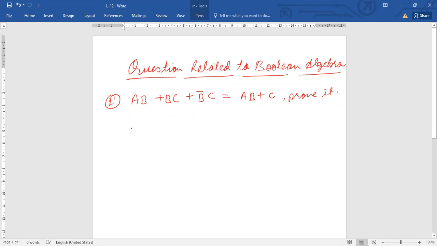So let us take the LHS part, that is AB plus BC plus B bar C. What can we do here? Sir, we can take C common from BC and B bar C, so we have B plus B bar.